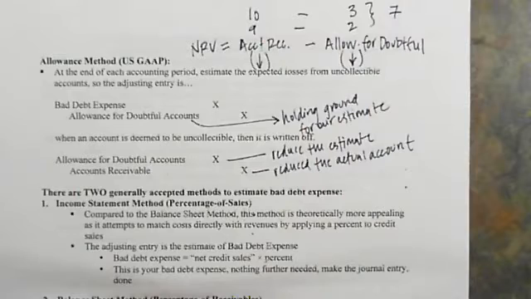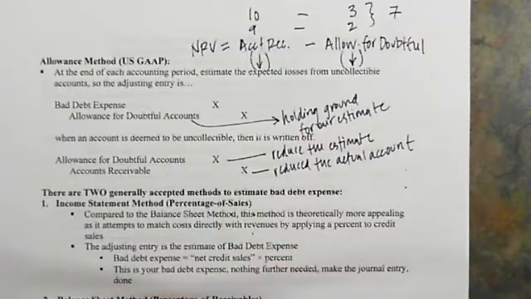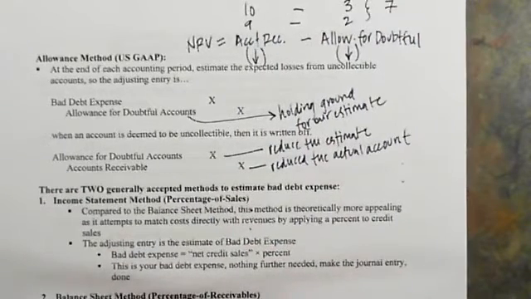So that's the nice thing about an allowance method, is that when we actually have the write-off, it doesn't affect my account balance. So if I wrote off a ton of receivables, as long as it doesn't exceed my estimated amount of bad accounts, it won't affect my overall balance of receivables on the balance sheet, right?